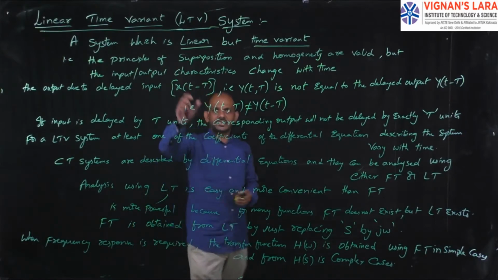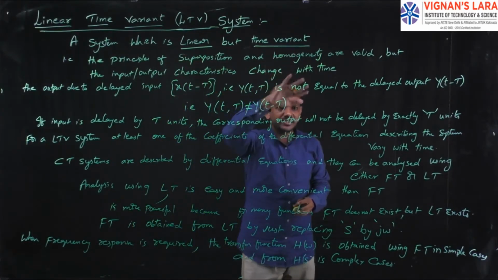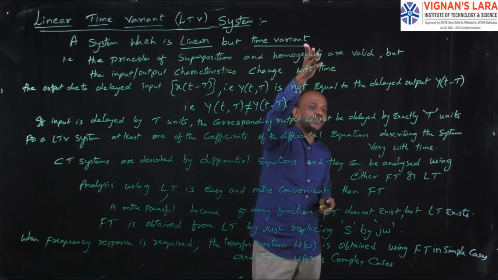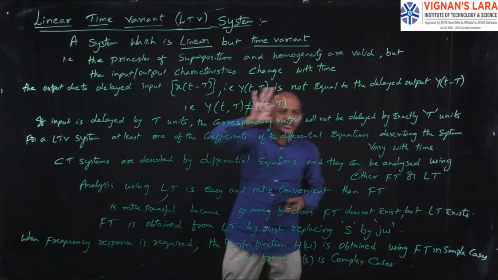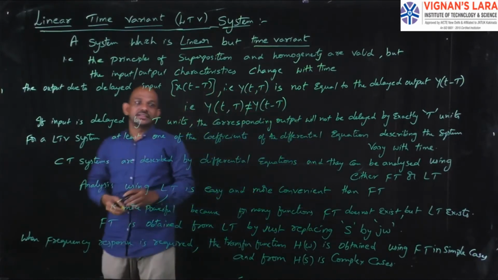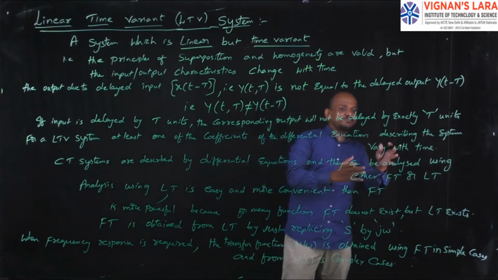See here, this system is linear but time variant, that is, it is not time invariant. Not time invariant means time variant. That is, the input output characteristics will change with respect to time.